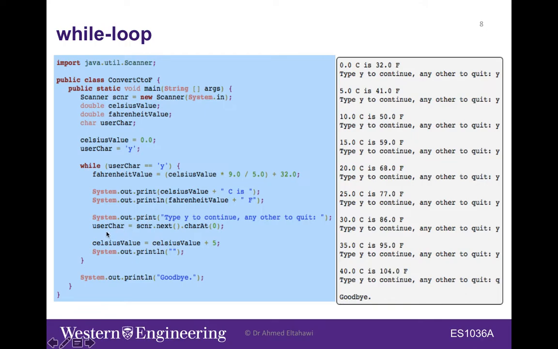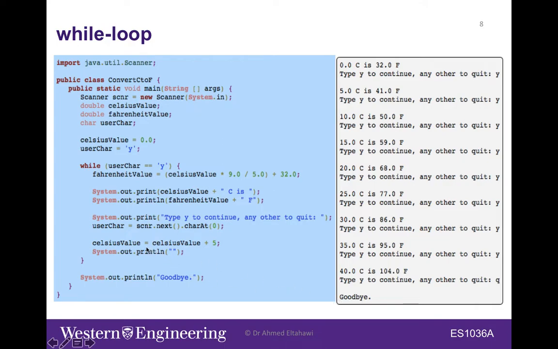For example, I say here type y, any other to quit, and I get a value from the user using next and charAt 0. So I keep taking input from the user. As long as the user enters y, I'm inside here. If they enter anything else, the loop will terminate and I go to goodbye.